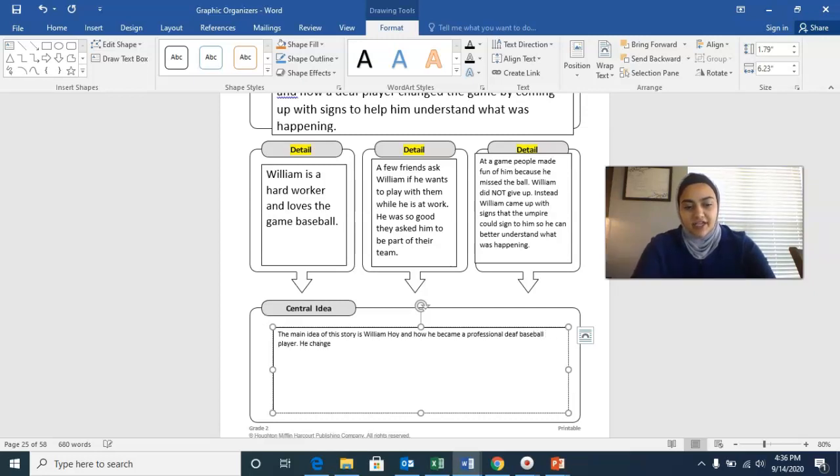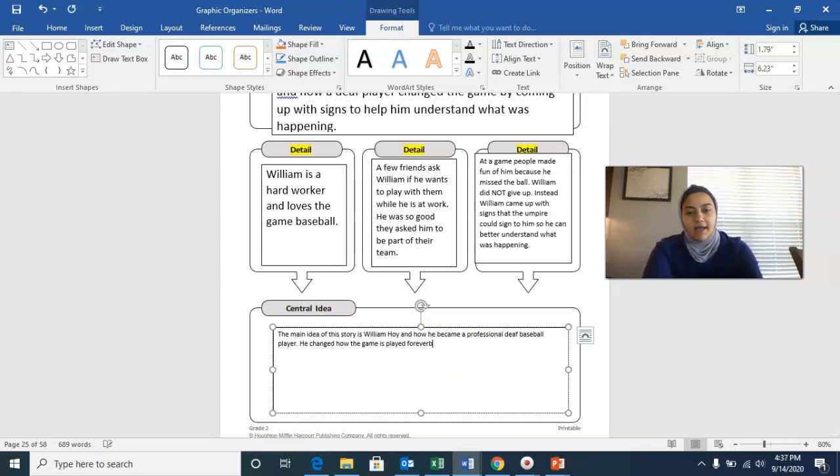He changed how the game is played forever. All right, he's part of baseball history now. So the main idea of this story is William Hoy and how he became a professional deaf baseball player. He changed how the game is played forever.